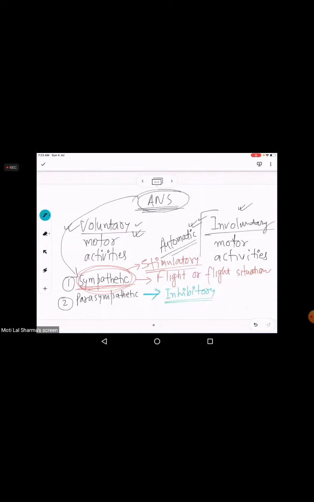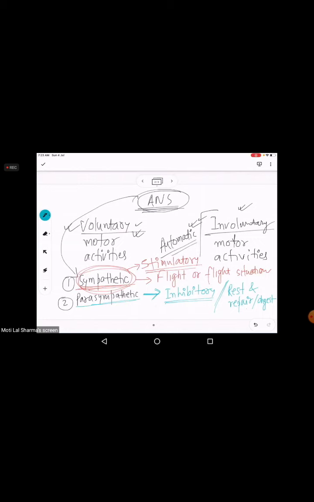Second thing to remember, the parasympathetic nervous system is said to be for rest and repair, or rest and digest, whatever you say. That means the parasympathetic nervous system is active when you are in resting mode.